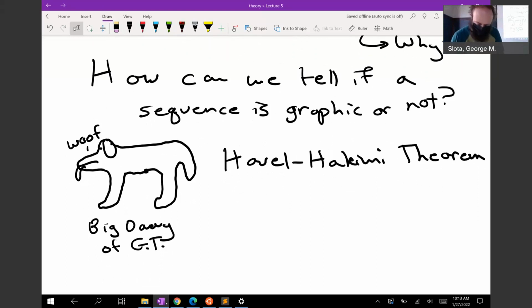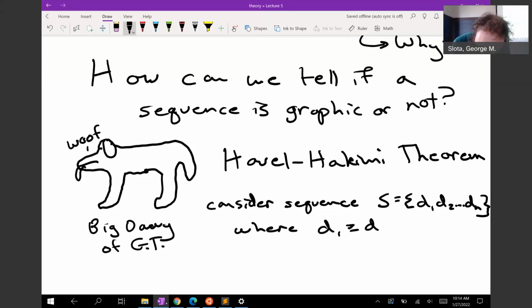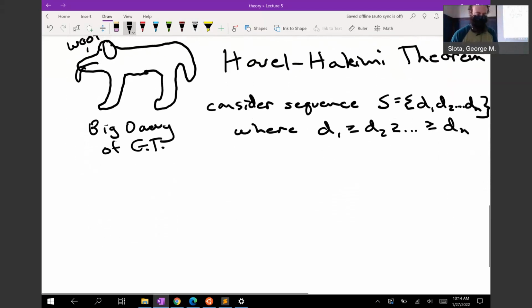Basically, consider a sequence S equals D1, D2, up to some D sub n, where it's a non-increasing sequence. In other words, degrees are sorted in reverse order, largest to smallest. So our sequence is considered sorted in that way.